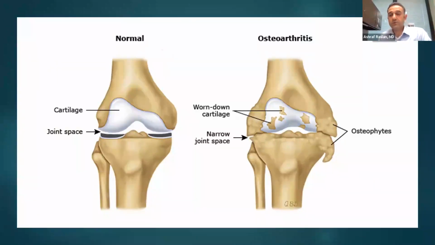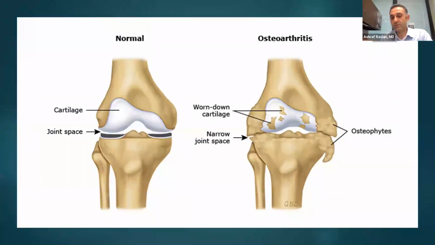What we notice first is the cartilage here is worn off. So many parts of the bones are exposed right now. It's not as healthy, so it doesn't help produce this viscous material anymore that's supposed to keep the joint space there. So we lose the joint space.